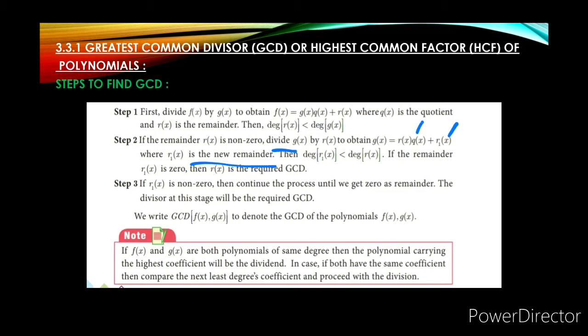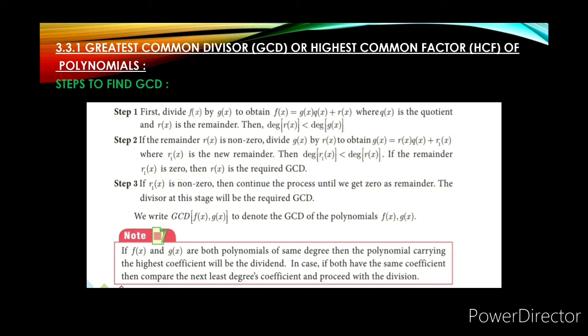So, the condition is degree of r1 of x is less than degree of r of x. Then if the remainder r1 of x is 0, then the process ends, and r of x is the required GCD. If we get the remainder 0, then that divisor is the GCD.